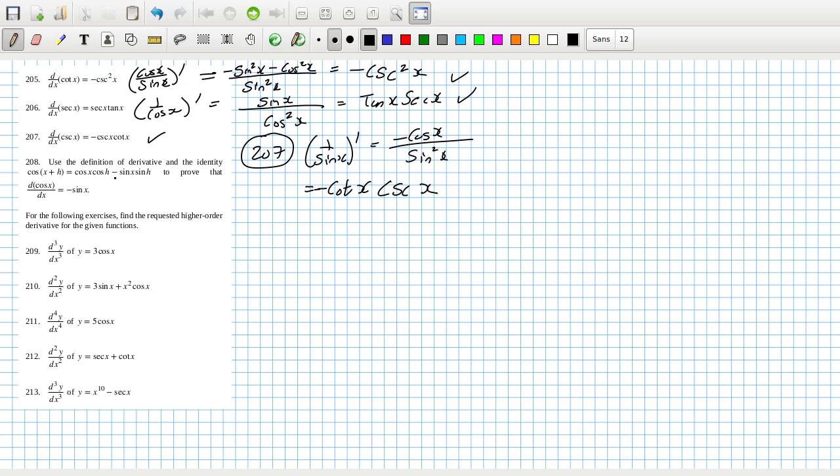Now, use the definition of derivative and identity to prove the following. Okie dokie. 208. The derivative of cos x equals the limit as h goes to 0 of cos(x plus h), which will be cos x cos h minus sine x sine h, minus cos x, all over h.